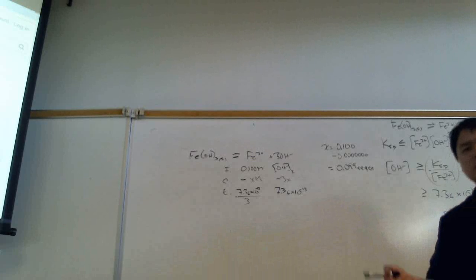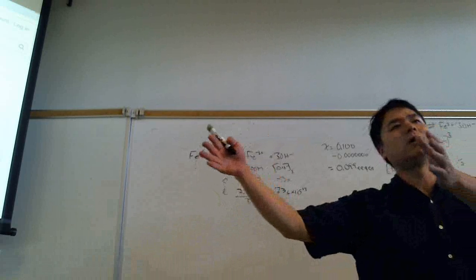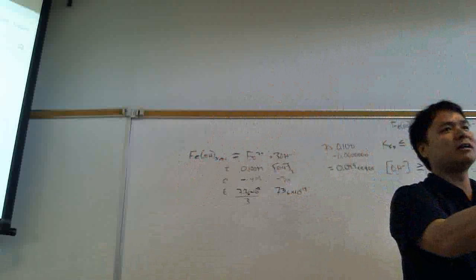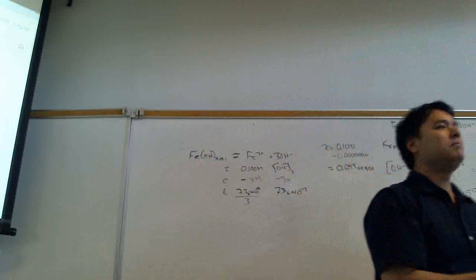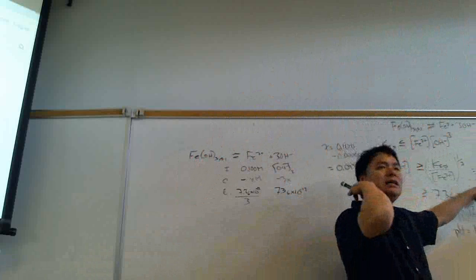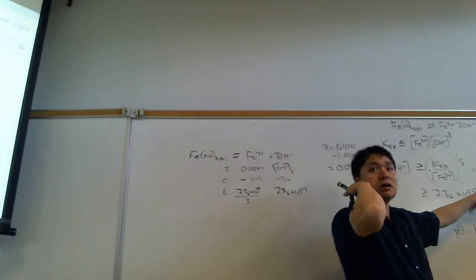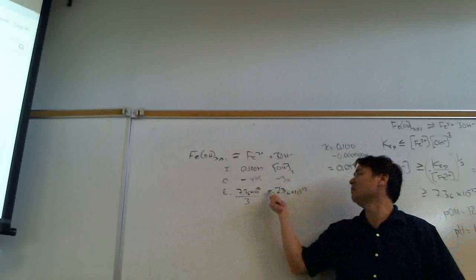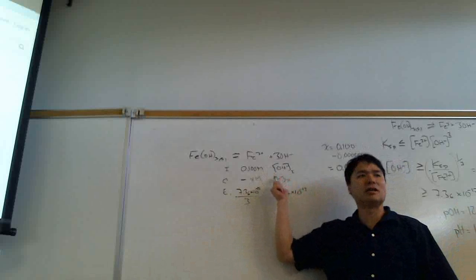In fact, I haven't even precipitated anything, because what we're doing is taking it from unsaturated just to saturated. This is the minimum amount of hydroxide I need to start precipitating. We do this calculation all the time, because we've got to figure out what the initial is.